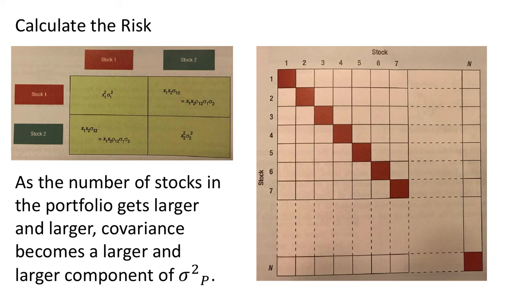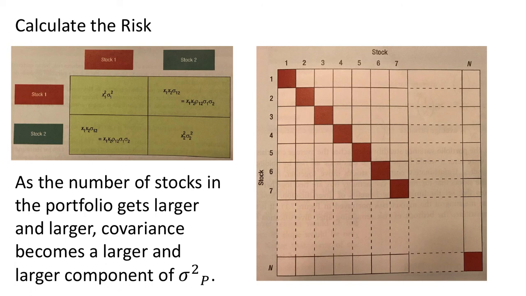Covariance can be calculated as the percentage in the first stock times the percentage in the second stock times the covariance of the two stocks, or it can be calculated as the percentage in the first stock times the percentage in the second stock times the correlation coefficient between the two stocks times the standard deviation of the first stock and the second stock. Same thing.